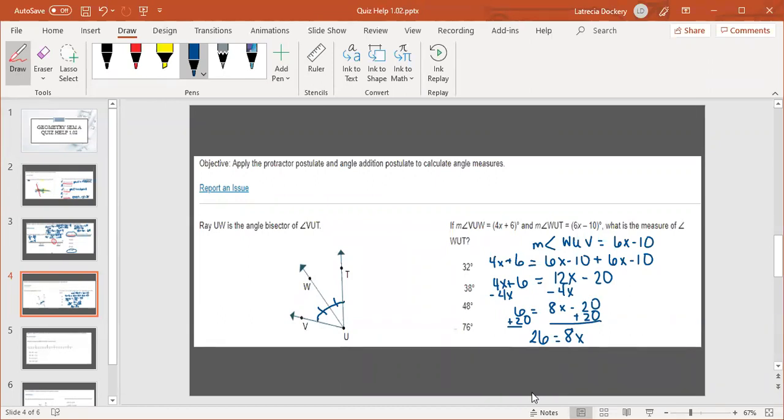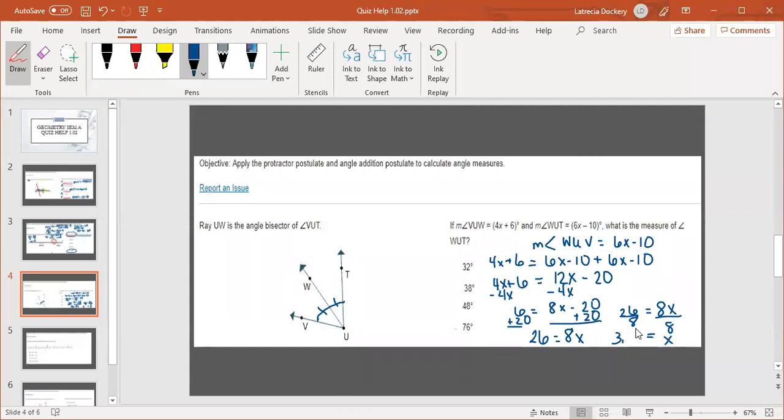I believe I did. It's not coming out even. So we're going to divide by 8 on both sides. 26 divided by 8 and 8x divided by 8 leaves us with x is equal to 3 point, let's see what that's going to give me.